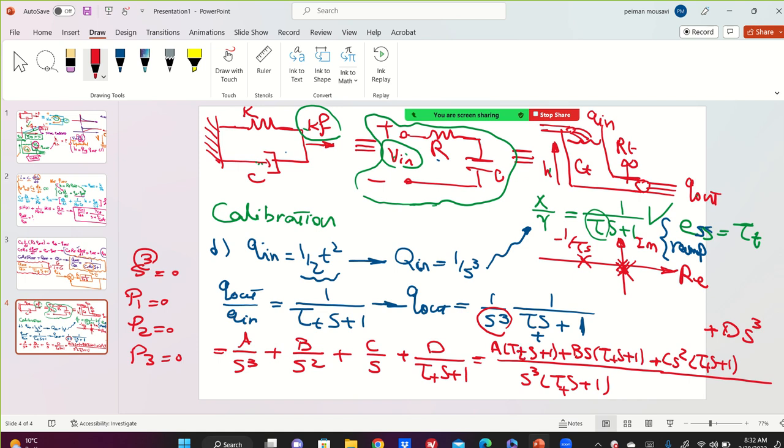This is the most trivial way to find ABCD. And this is equal to how much finally? 1.